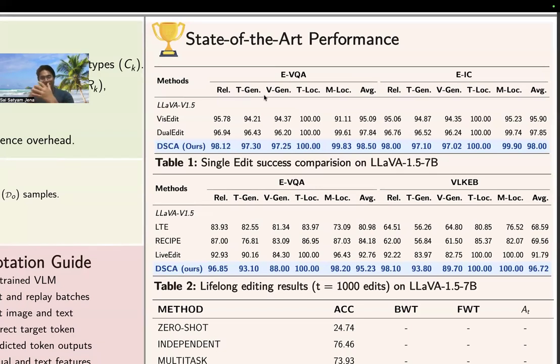Then TGen is text generalization. After fine-tuning the DSAM parameters for a particular type of knowledge editing, if you reframe the text and ask the same question in different text formats, how good is the generalization? Is the model able to understand that they're asking about the same thing, only in a different language sequence?